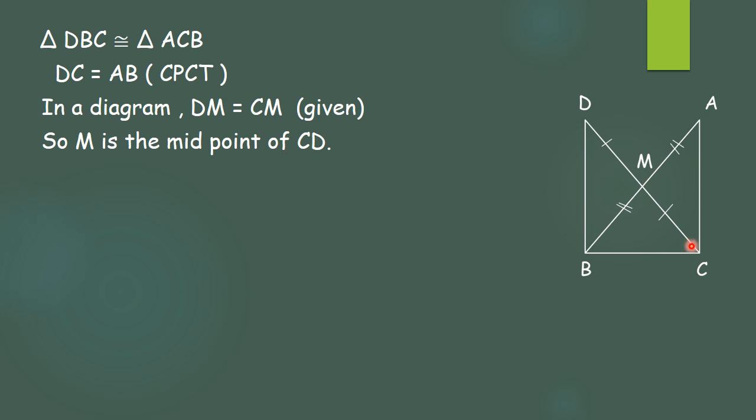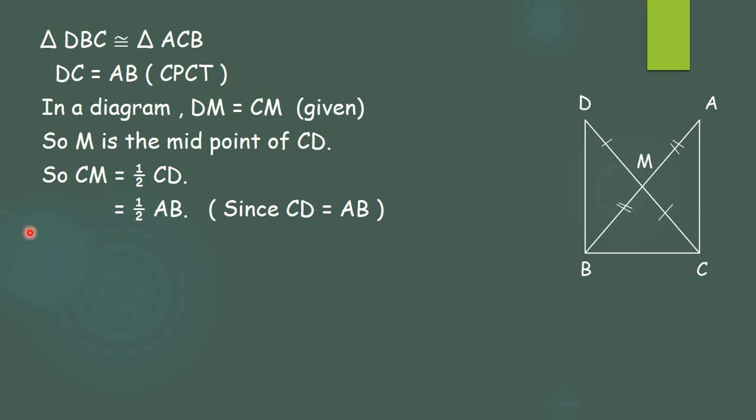As it is the midpoint, CM is half of CD. But we have just proved that CD is the same as AB. So we replace CD with AB and get CM is half of AB. Hence we have proved the fourth part. One by one we have proved all four parts, and so we can say hence proved.